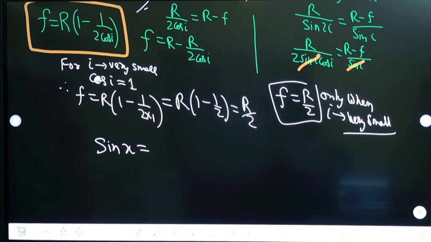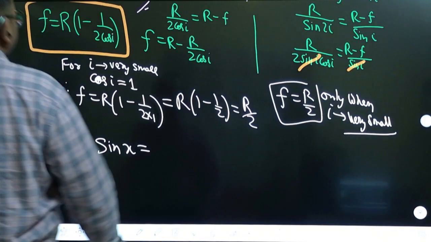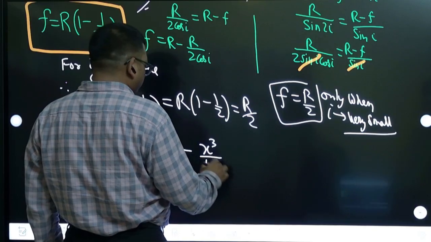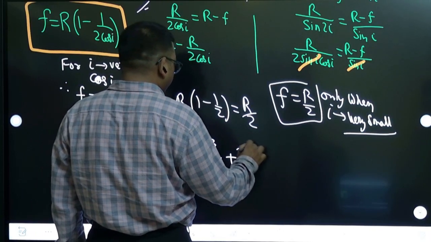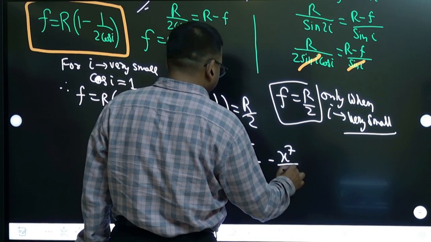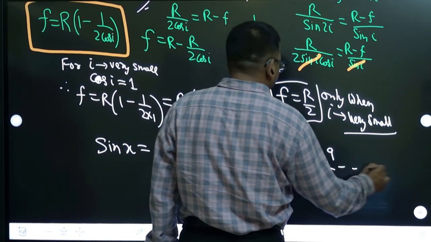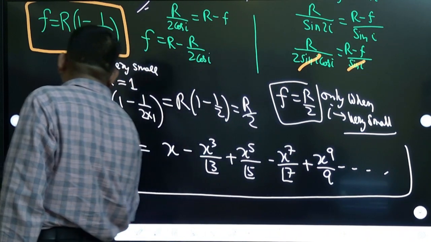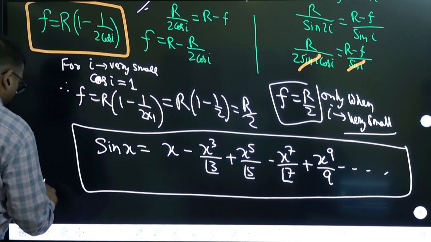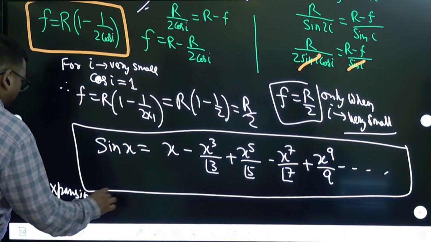Nobody has studied? Sin x expansion is x minus x cube by factorial 3 plus x to the 5 by factorial 5 minus x to the 7 by factorial 7 plus x to the 9 by factorial 9, and like this. This is called the sin x expansion.